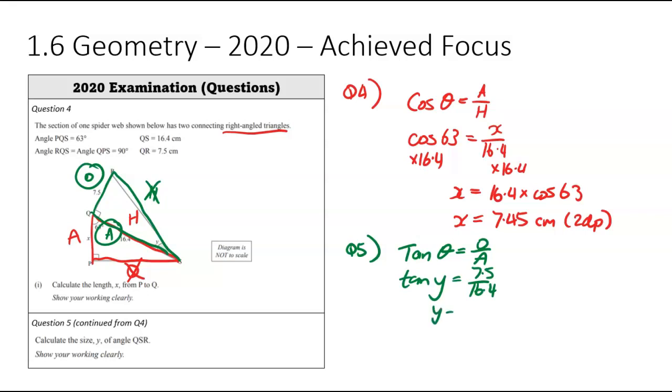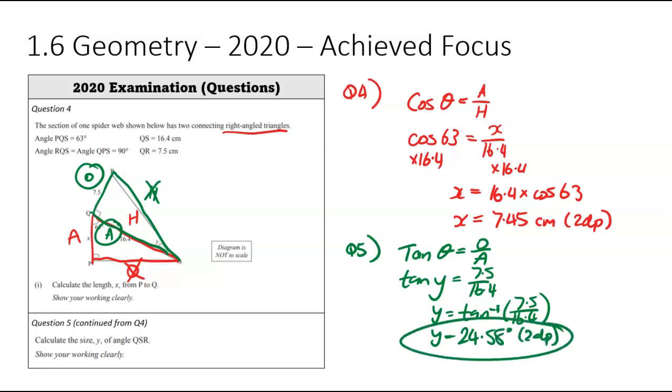Now going to use inverse tan, so tan minus 1 of 7.5 over 16.4. Close that bracket there. When you put that into your calculator, I'm getting 24.58 degrees, 2dp rounding. Again, if you're not getting that, check your calculator that you're in the right setting.